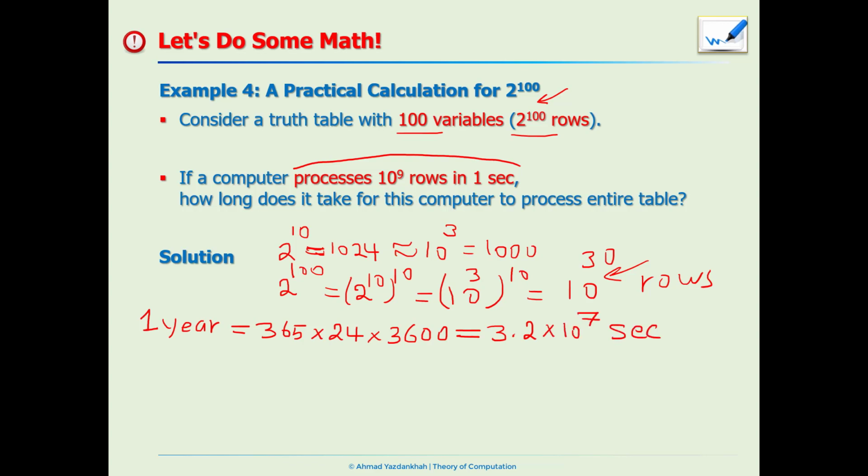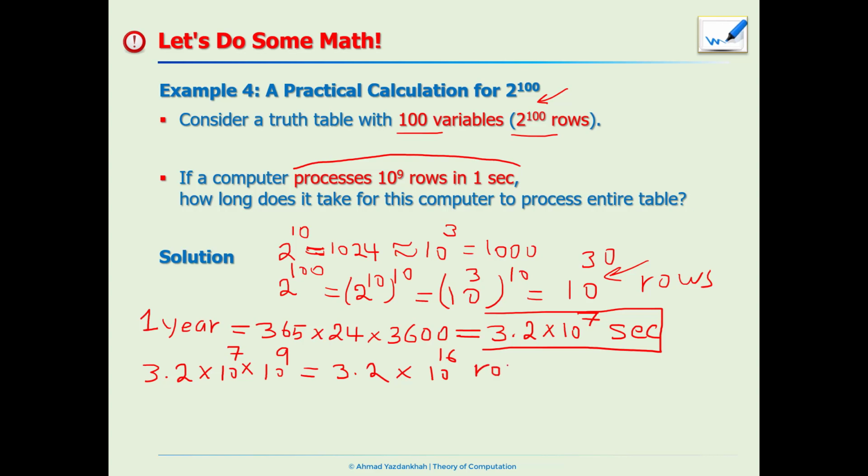So each year is this many seconds. And since our computer can process 10 to the 9 rows in 1 second, in 1 year this computer can process 10 to the 7 multiplied by 10 to the 9, which is equal to 3.2 times 10 to the 16. So this computer can process this many rows per year.